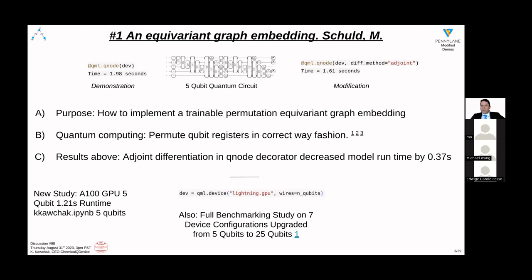And then say a better CPU-based one is like 130. And 130 seconds compared to 20 seconds is still a huge difference if you're trying to do stuff. So basically this was a benchmarking, and the time went down to about 1.2 seconds with the lightning.gpu. Okay, this is an NVIDIA lightning.gpu.